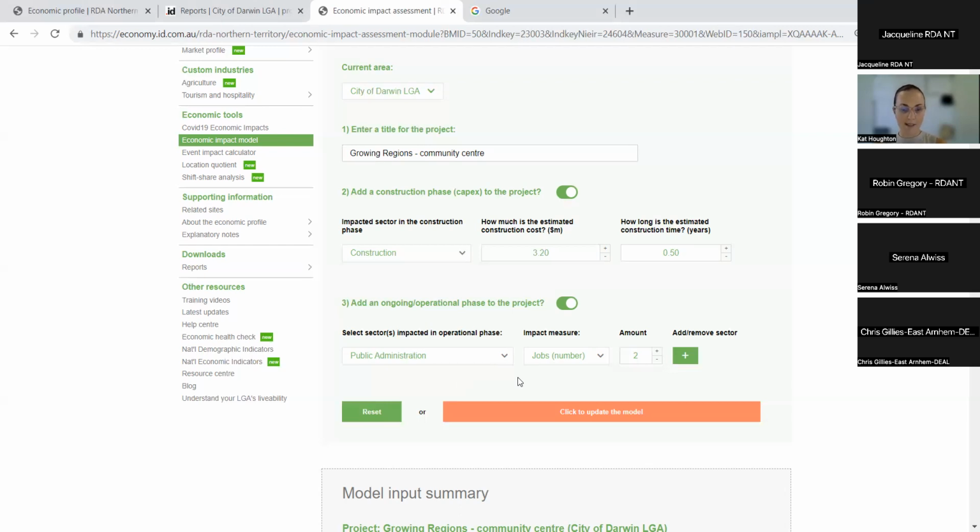And we can help with some of that because we've probably done an economic impact model for someone in another area for a very similar reason. So we certainly have baselines and things like that we can help you with.